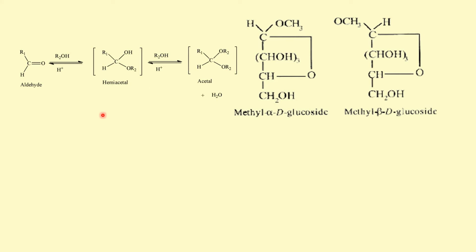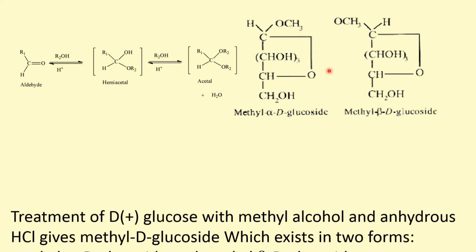Now, when glucose is treated with methyl alcohol in presence of anhydrous hydrochloric acid, then it forms methyl alpha D glucoside and methyl beta D glucoside, and the characteristics of glucosides are similar to that of acetal, not hemiacetal. That means already the hemiacetal structure must be present in the glucose molecule.